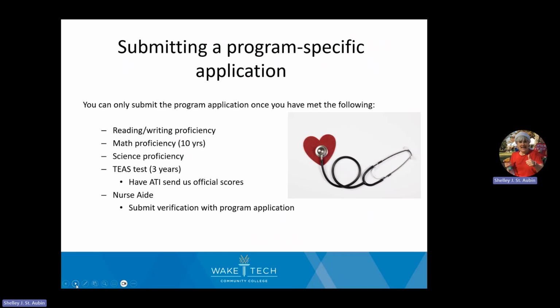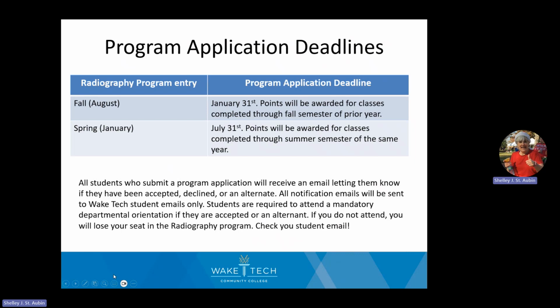You have met your science proficiency, which will probably be completion of biology 163. You're going to take the TEAS test, and you will have ATI submit those official scores to us. And you're going to be a nurse aide or one of the waivers, and you submit that verification with your program application.